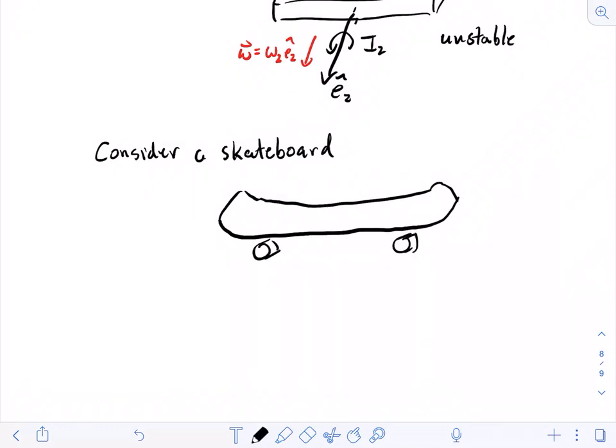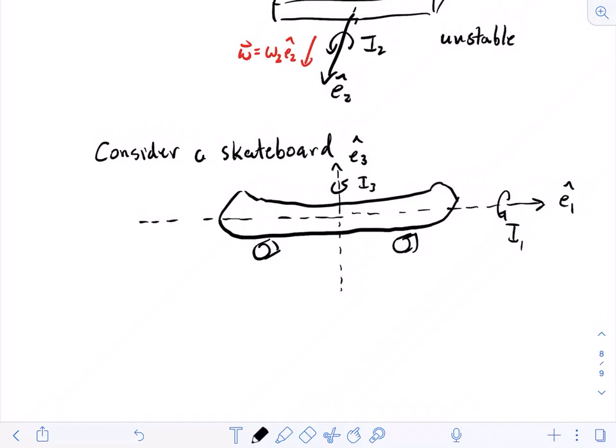Okay, so the skateboard has three distinct principal axes. Here's the axis with the smallest rotational inertia. So to be consistent with our analysis above, we'll call that the first principal axis. And then there's an axis that has the largest rotational inertia, and we'll call that the third axis.